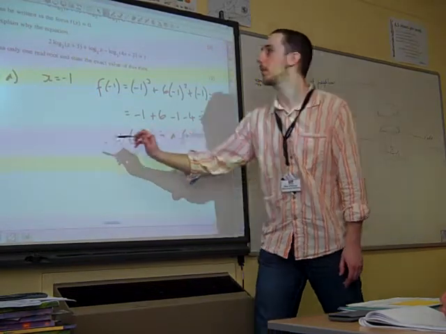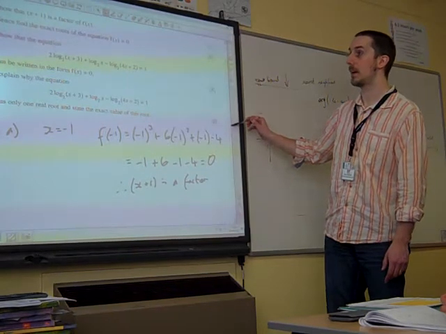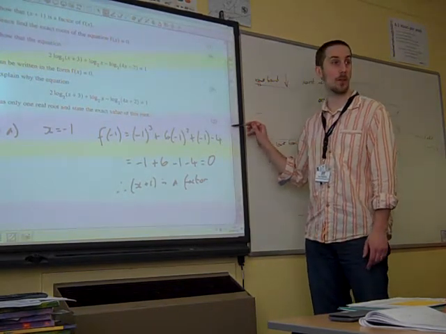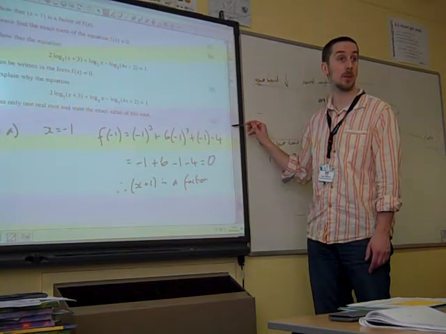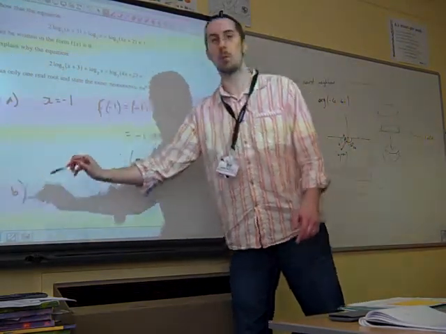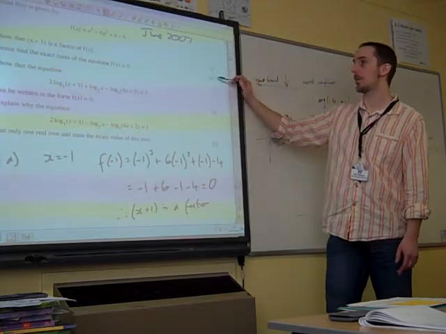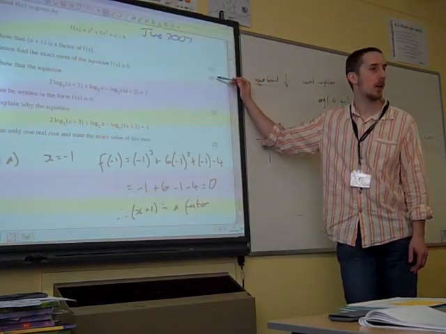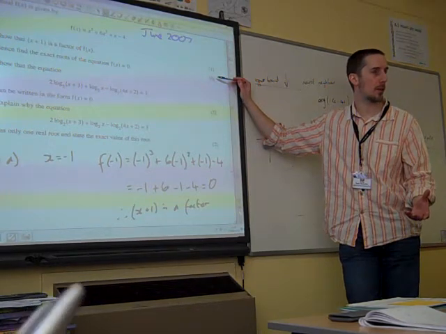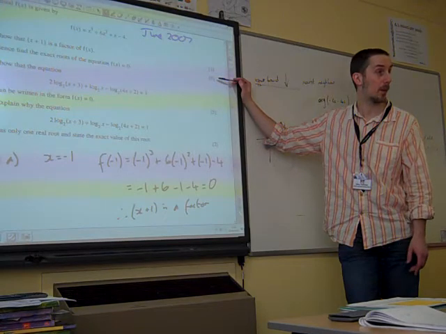Good start. The next part of this then, part B, hence find the exact roots of the equation f of x equals 0. 6 marks. What do they expect you to do at this point here? When the person wrote the exam question, in their mind they were thinking the students are going to do this.